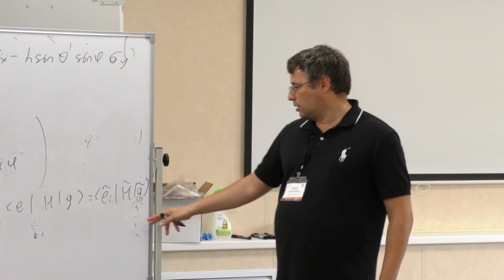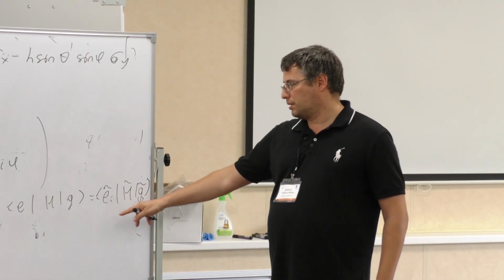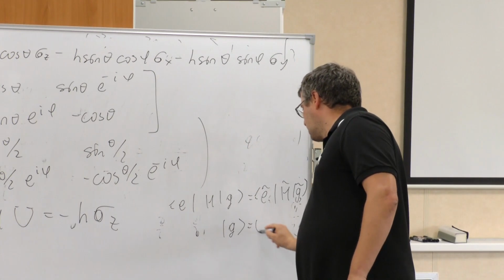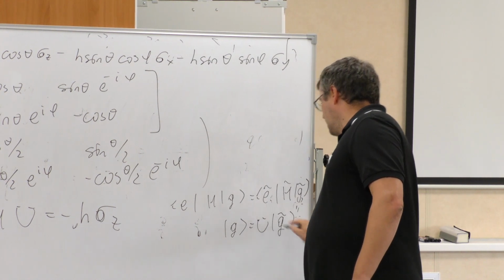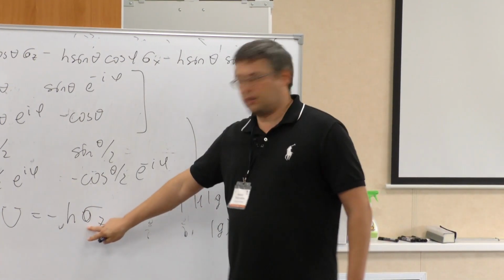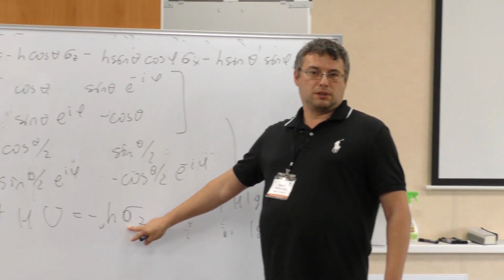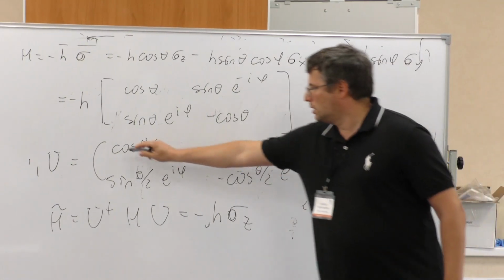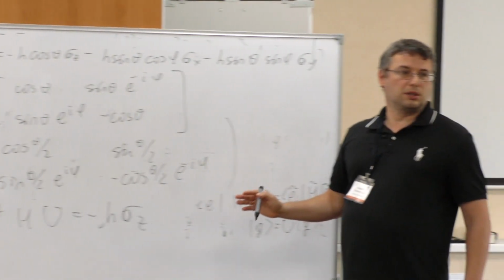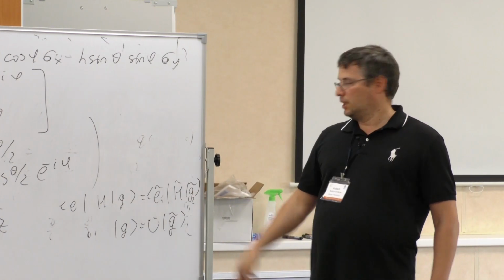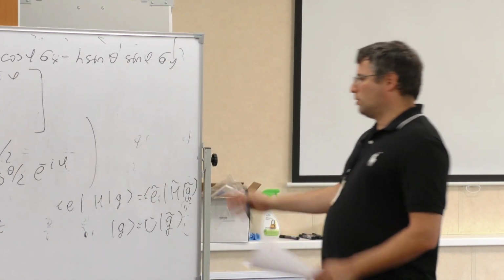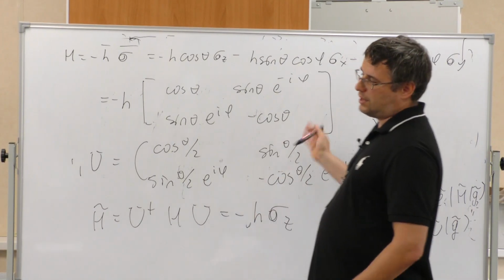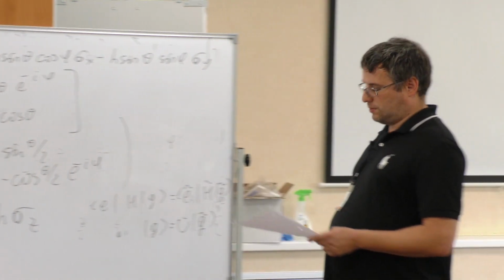But because H tilde is U dagger H U, you just see that we must have G equal to U times G tilde. And G tilde is very simple. It's an eigenstate of this: it's like (1, 0), and E tilde will be (0, 1). Then if you multiply U by (1, 0), you will get cosine theta over 2, sine theta over 2. And this is precisely the ground state. This is of course all known, but for me it's a way to remember. I always forget whether the rows or the columns are the eigenstates. If you do this simple trick, you always remember it.